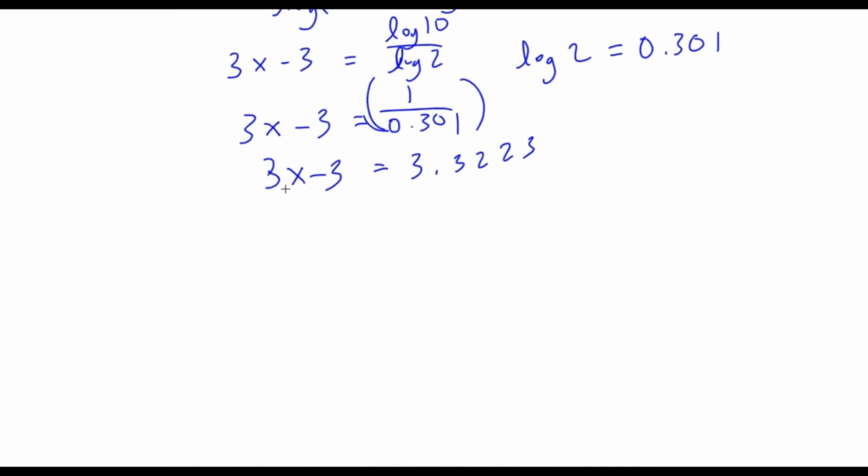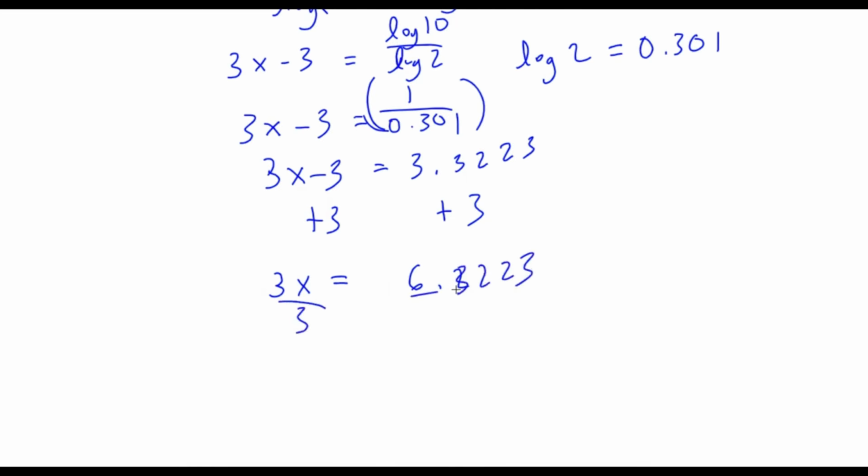So now we have 3x minus 3 is equal to 3.3223. So I can simply add 3 on both sides. So now I have 3x is equal to 3 plus 3.3223, which is 6.3223.